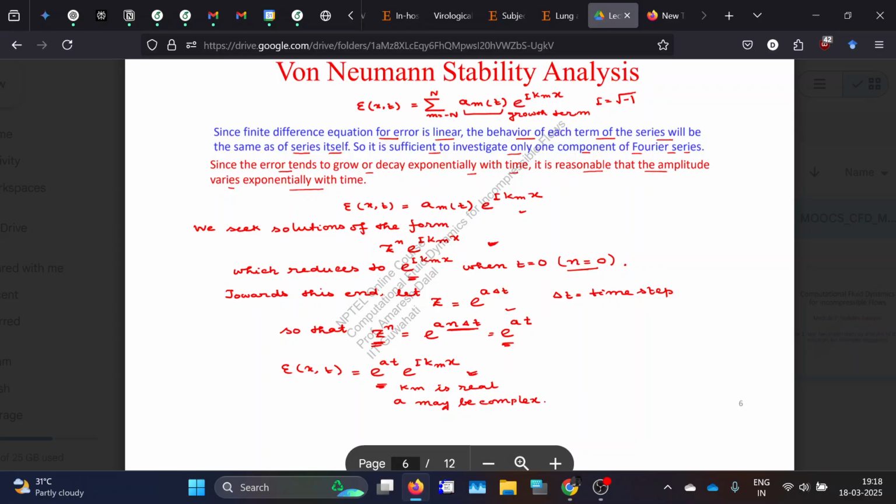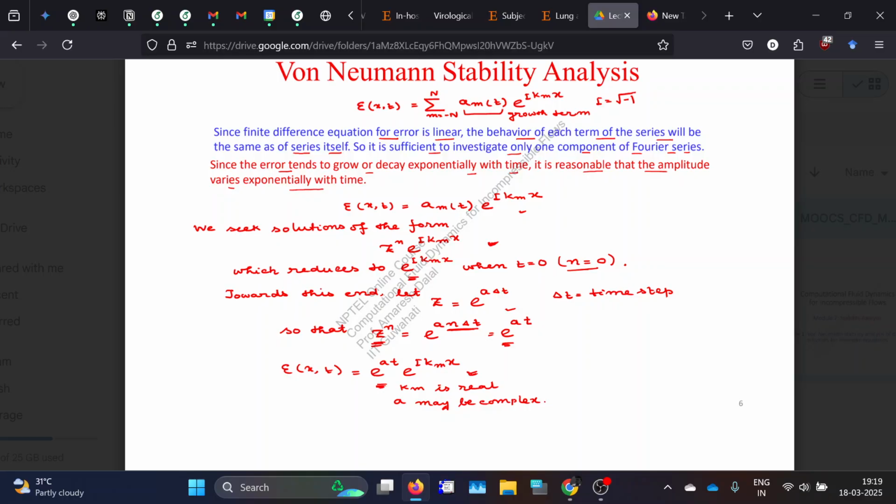So basically, over here only it is there: u equal to A n delta t. So t you divide into n delta t. Starting from 0, you get delta t, 2 delta t, 3 delta t, 4 delta t, n delta t. In each step you are multiplying by e to the power delta t.